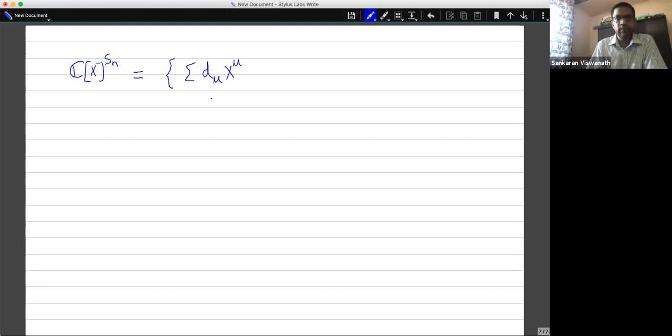So it's all linear combinations of monomials d_mu x^mu such that these coefficients are invariant under the action of S_n. Okay, for all mu's. So these are the symmetric polynomials.